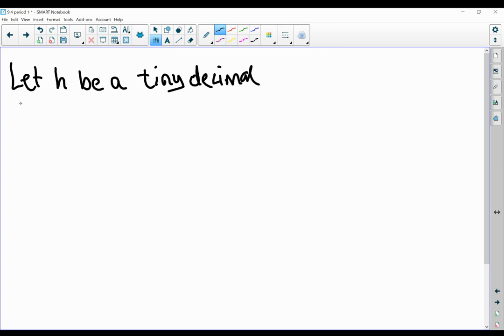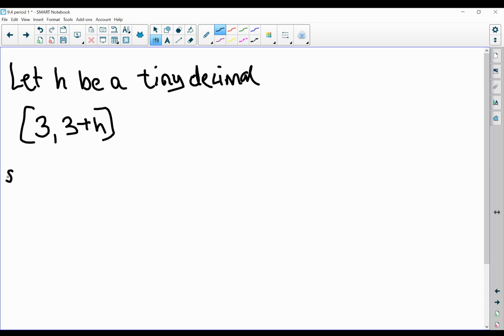Okay. So what we're going to do is find the time from 3 to 3 plus that decimal. You could do 3 minus, like if you want to do 2.99999 and 3, that's also valid. But for me, the algebra is a little easier if I go 3 to 3 plus h. And again, in this case, h is a really, really, really small decimal. Basically nothing. Not exactly nothing, but basically nothing.